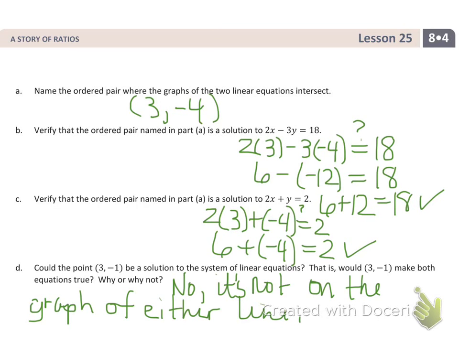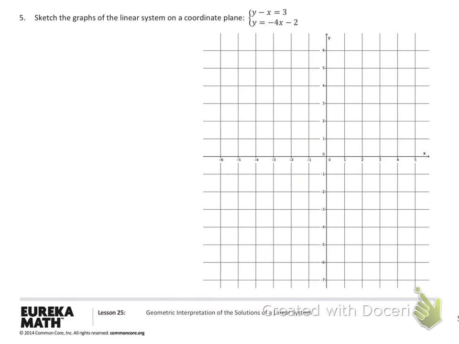Okay, so for part D, 3, negative 1 can't be a solution because it's not on the graph of either line, and those graphs represent all the solutions to those equations, so there's no way it could be a solution. Okay, last example.